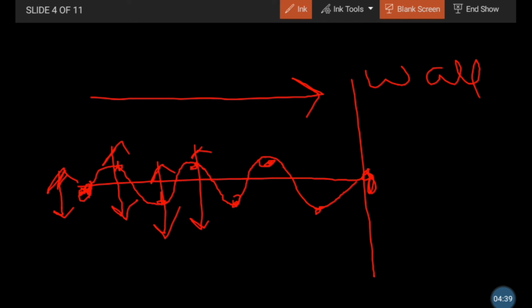Their vibration, as you are seeing in this diagram, is perpendicular to the direction of waves. So in this topic we learned that when the wave is moving forward, the particles of the medium do not displace from their position. They vibrate up and down, and in a transverse wave their vibration is perpendicular to the direction of waves.